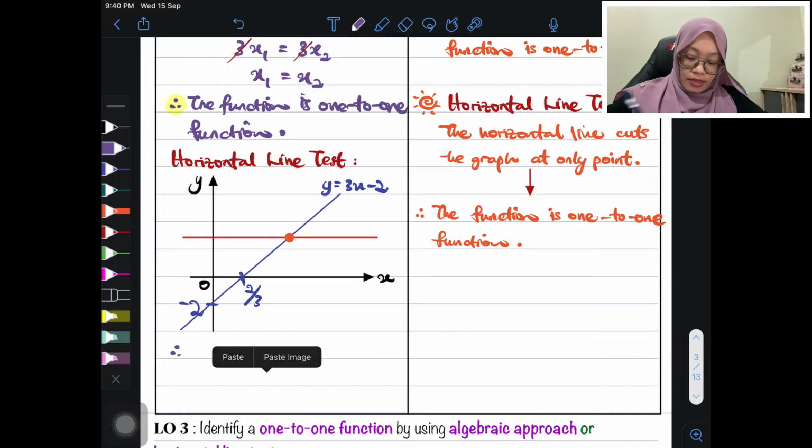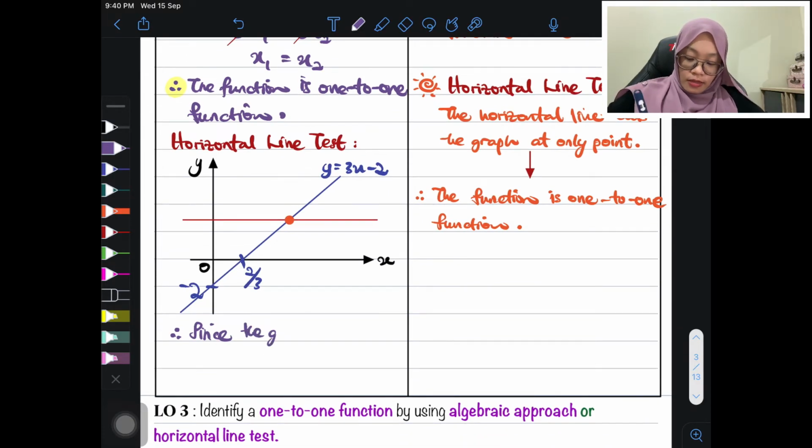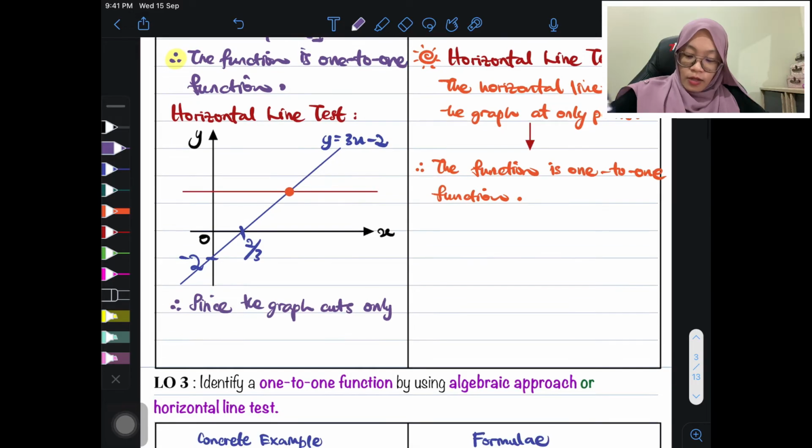Therefore, you can directly write the answer, the conclusion: since the graph cuts only once. Okay, cuts the graph only once. You can also say it cuts only one point. Okay, up to you guys. You can choose any words you're comfortable with. Okay.